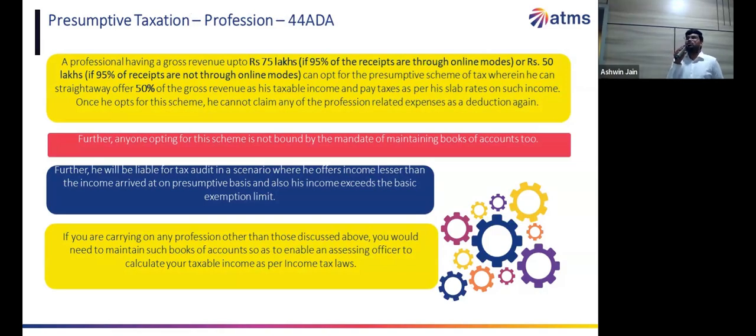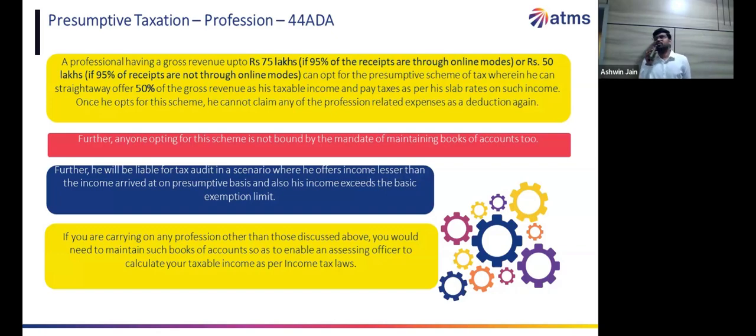A professional having a gross revenue up to 75 lakh, if 95% of the receipts are through an online mode, 50 lakh if less than 95%, can opt for the presumptive taxation scheme where he has to offer 50% of his gross receipts as profit, and then he can pay the taxes. Again, same as in 44AD, there is no requirement to maintain the books of accounts.